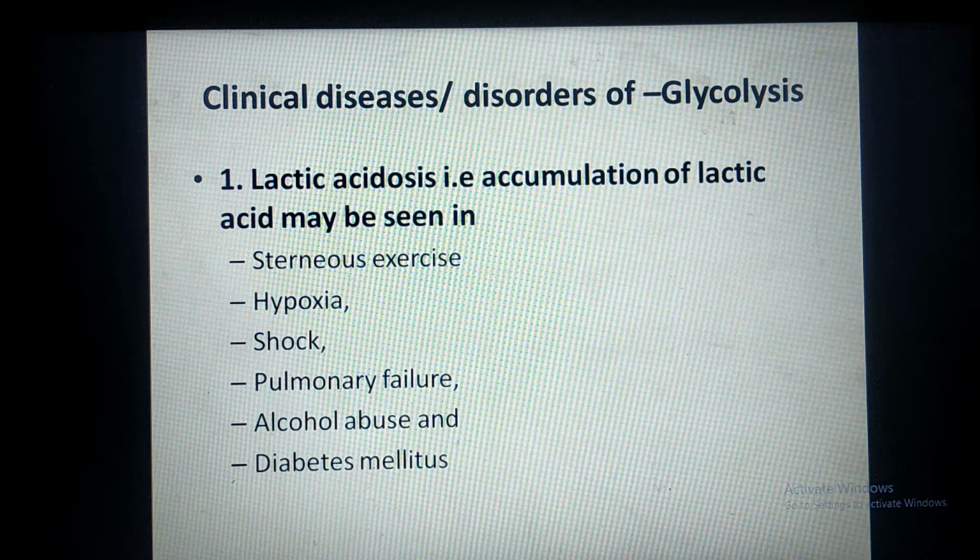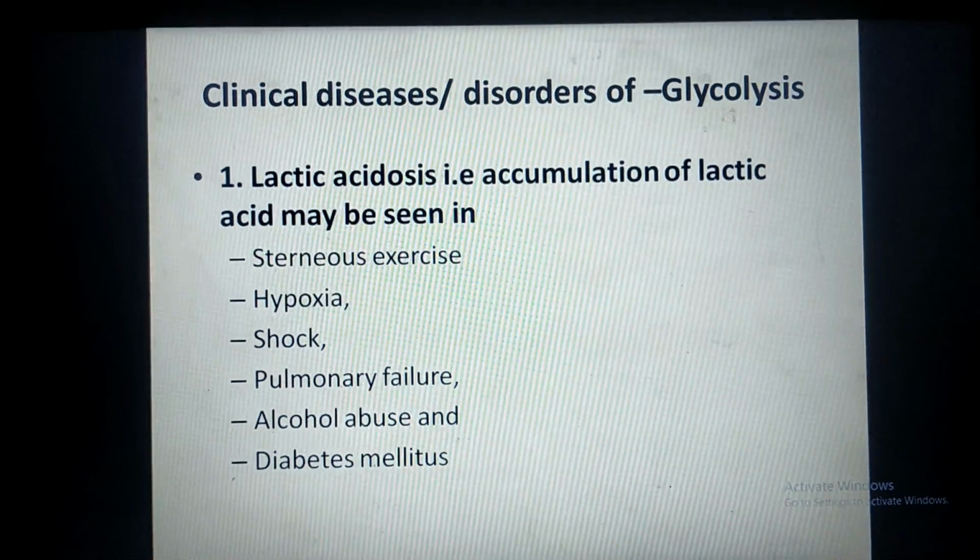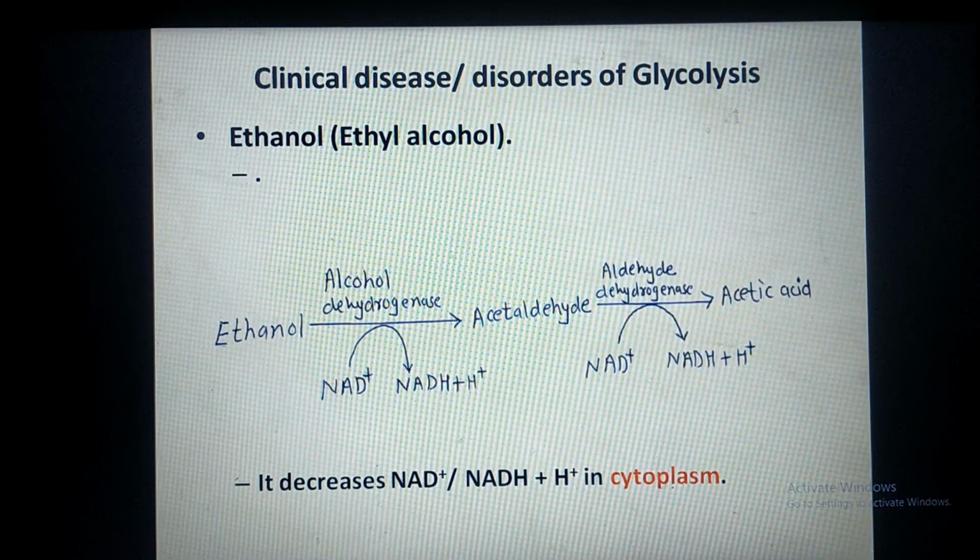Lactic acidosis is also seen in alcoholic person. This is because when ethanol is metabolized, it is converted into acetaldehyde by the enzyme alcohol dehydrogenase. Acetaldehyde is converted into acetic acid by the enzyme aldehyde dehydrogenase. During this process, NAD is converted into NADH.